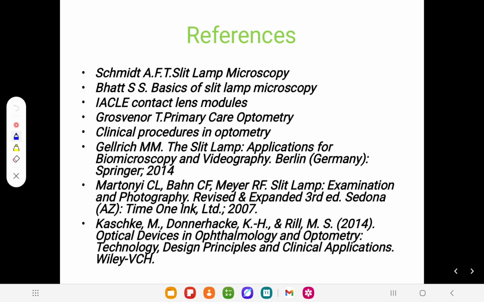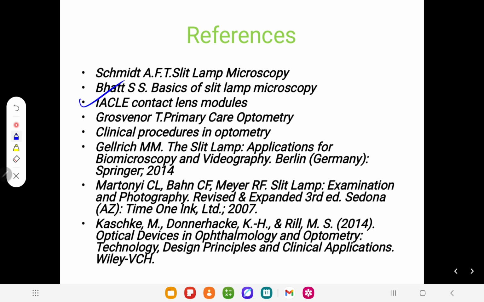I want you to know the direct resources so you can buy these books and understand what I have understood till now. It's very helpful to pause the video, search for this book, and if your friends have it, borrow it and understand deeper and deeper about the slit lamp. These are great references.